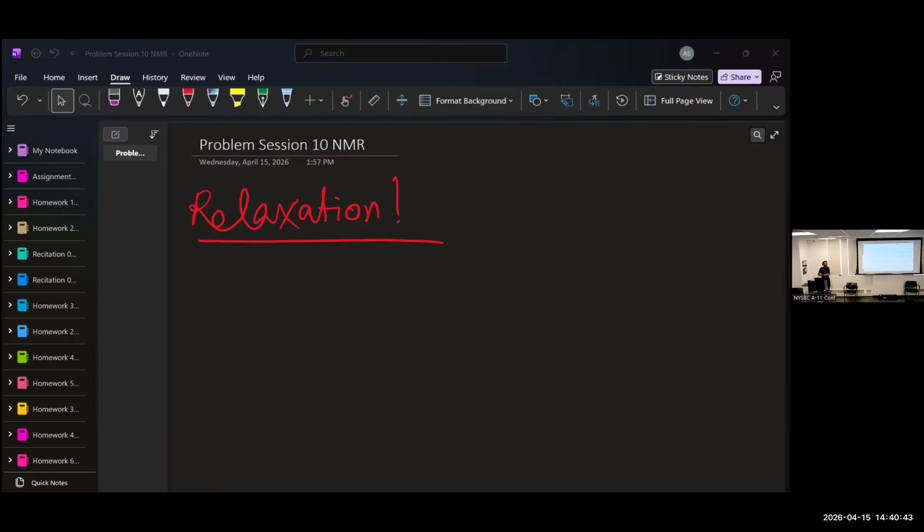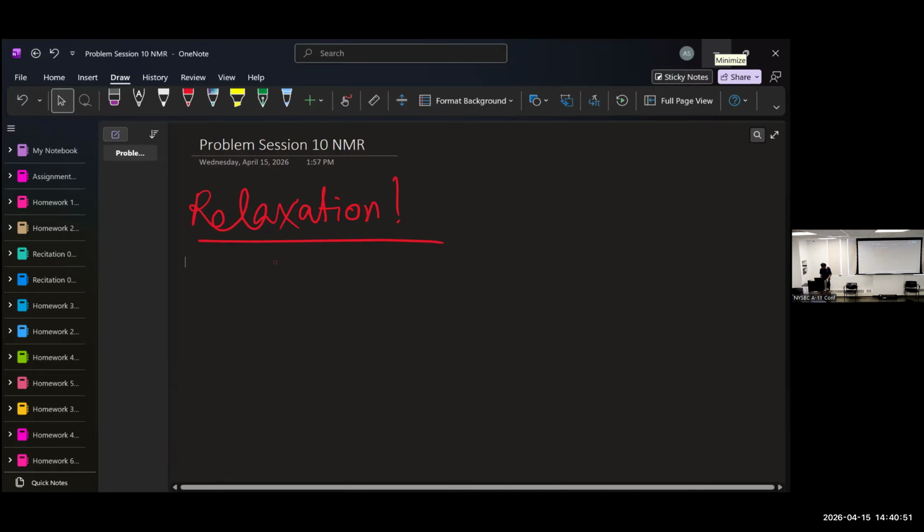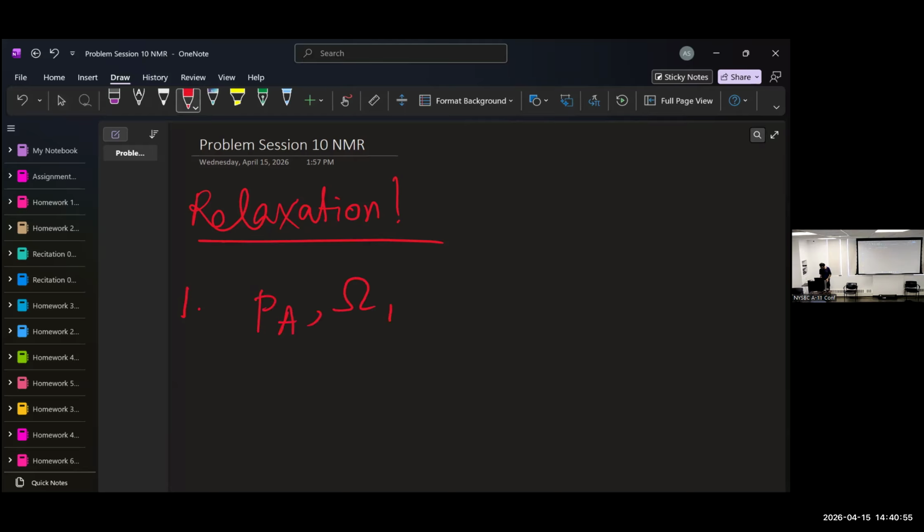How do you get that variance? You have PA, omega A, PB, omega B, and you have this chemical exchange.